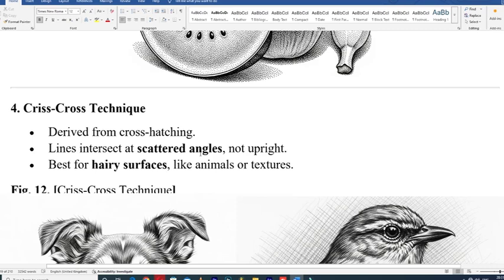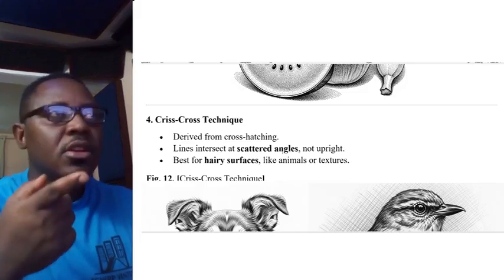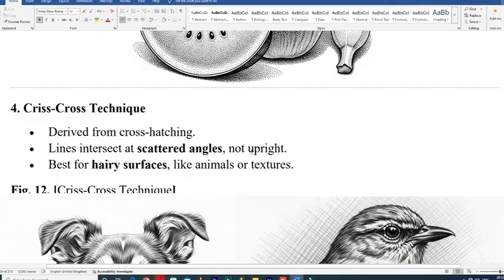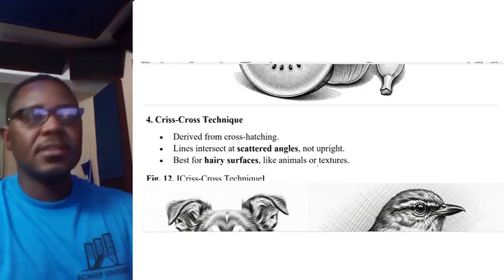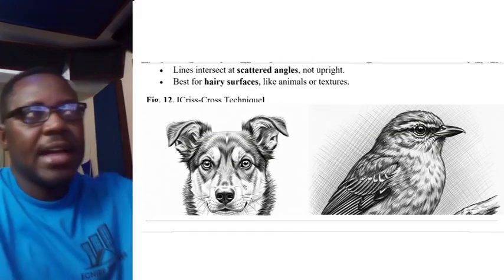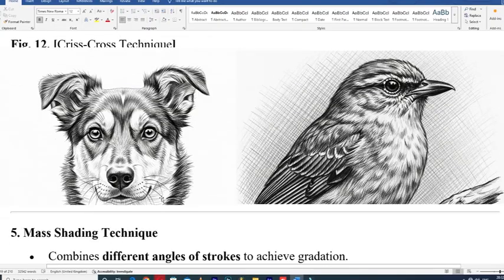So it's not arranged like when you are doing cross arching, where it is arranged. Do you understand? So lines intersect at scattered angles, not upright. And it is best for hairy surfaces, like animals and textures. So for the skin of an animal that is hairy, like a dog, you use that method.